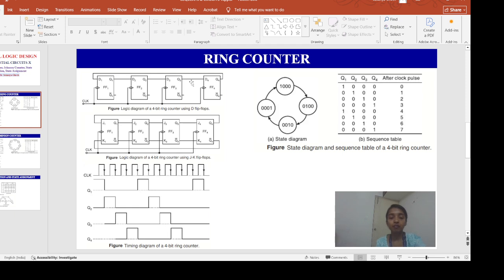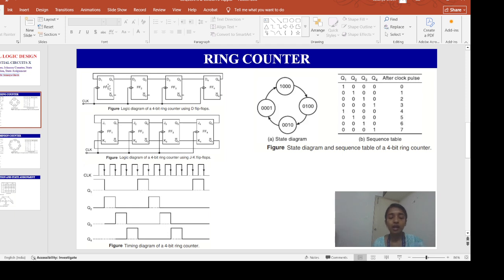But the Q output of the last flip-flop is connected back to the D input of the first flip-flop, such that an array of flip-flops is arranged in a ring. That is why we are calling it a ring counter.